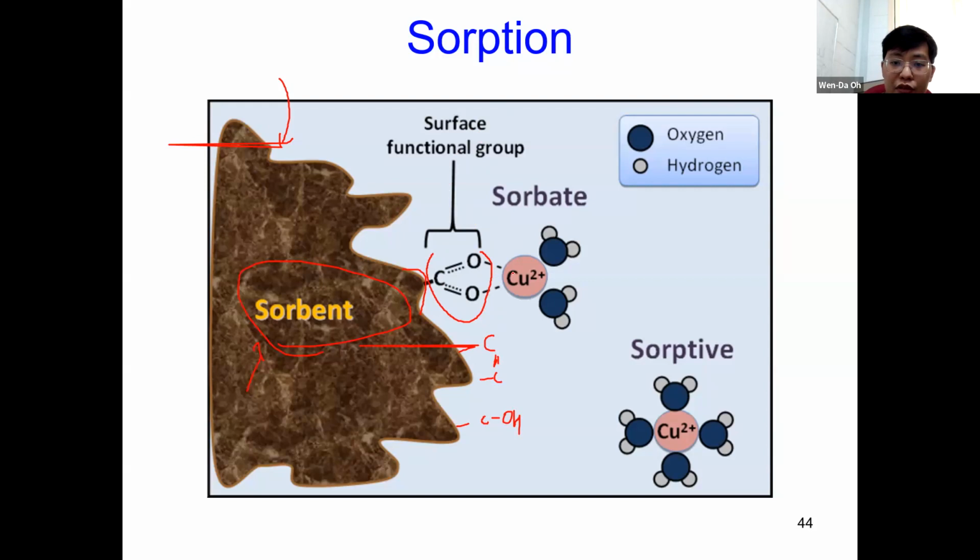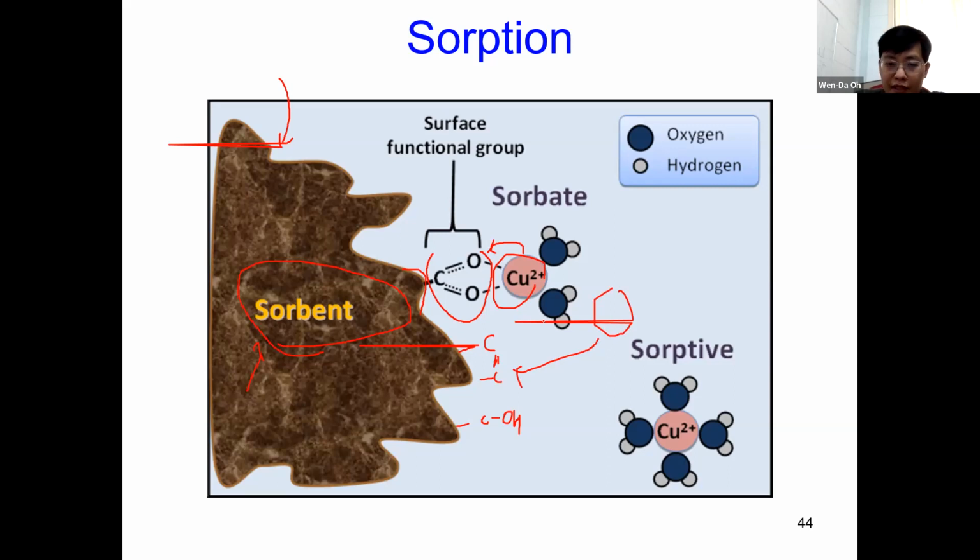For instance, if you look at the copper here, it can be attached to the oxygen group. Whereas if you have organic molecules, this organic molecule can also be attached to these functional groups. So different classes of molecules can attach to the adsorbent through different mechanisms.